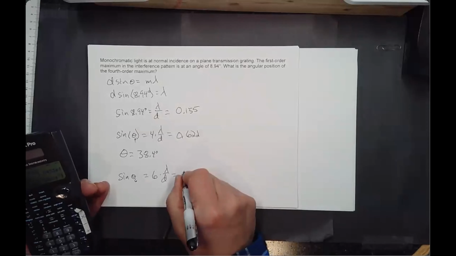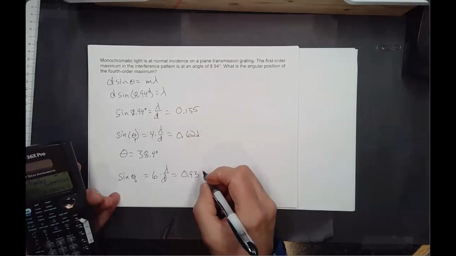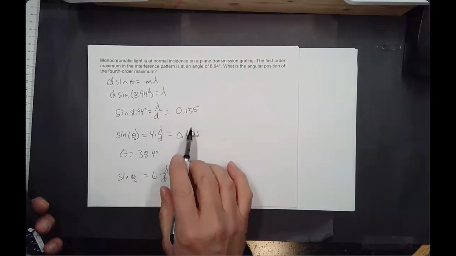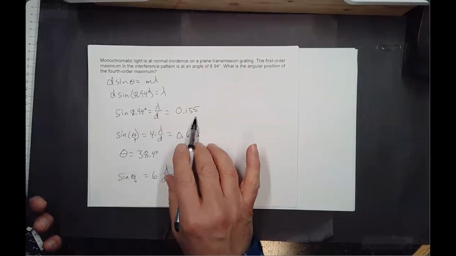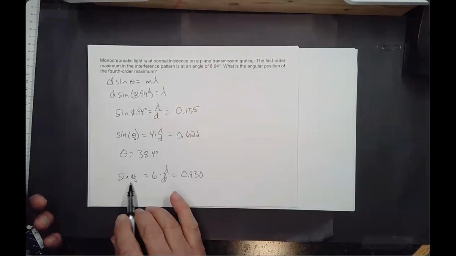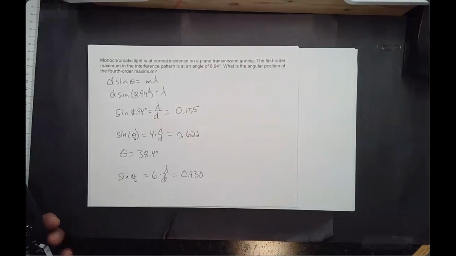That'd be at 0.93. And I could not possibly have a seventh order one, because if I multiply this by 7, I end up with a number bigger than 1, and I can't have a sine value bigger than 1. So this would be the last one visible.